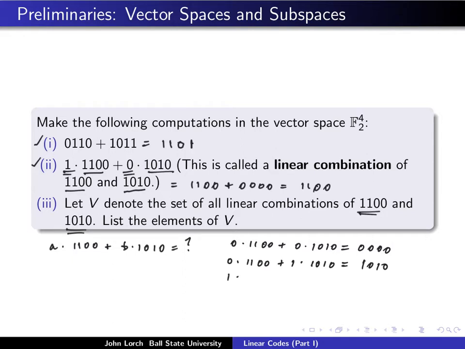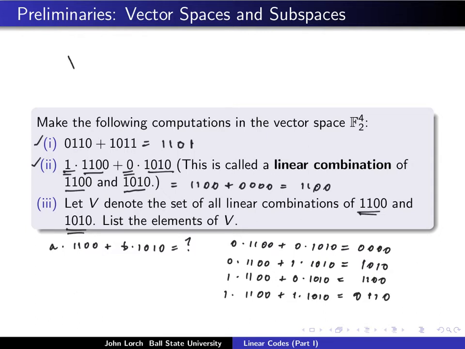And then we have the combination that we just looked at a moment ago. And then finally, we have this one. So this is going to be just 1, 1, 0, 0 plus 1, 0, 1, 0. So component-wise, this is going to be 0, then we get a 1, and then we get a 1, and then we get a 0.